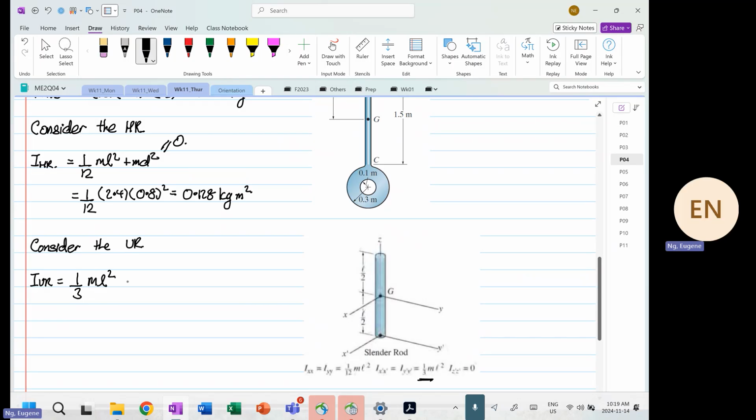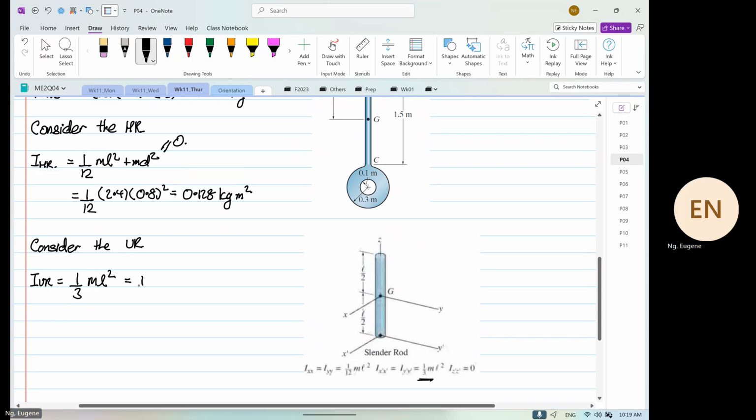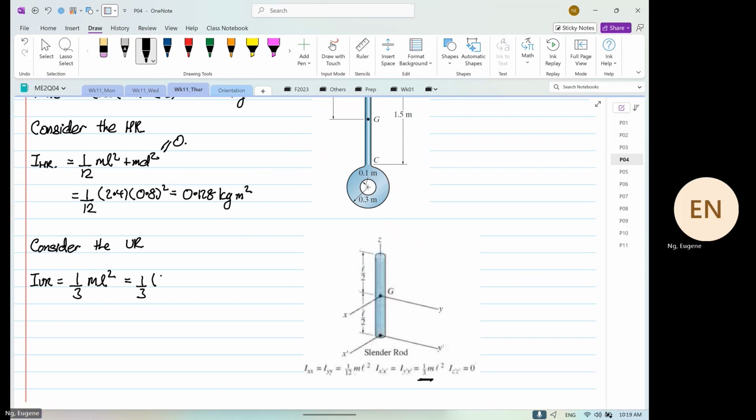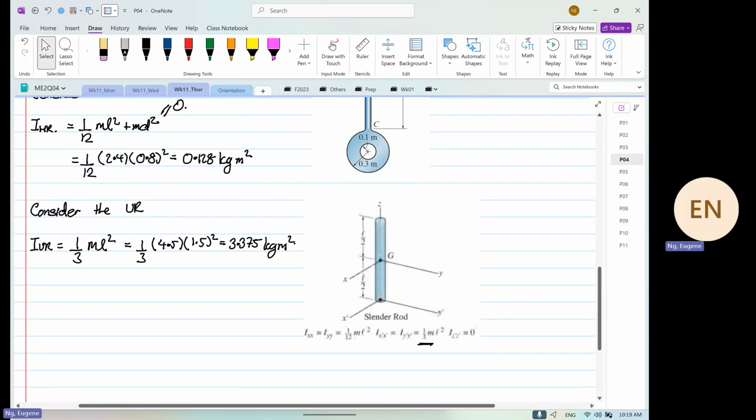So this will be equal to 1/3, the mass is 4.5, the length is 1.5 squared, which is equal to 3.375 kilogram meter squared.